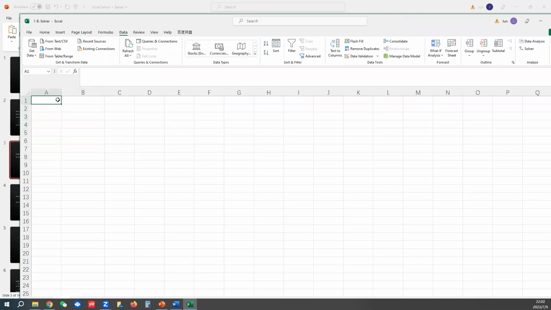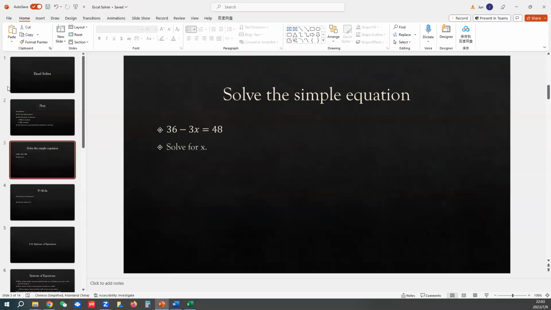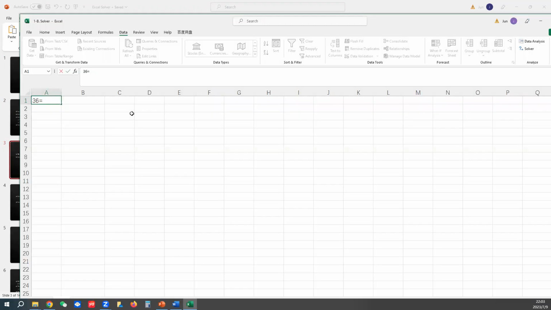First, we write down what equation we are looking at: 36 minus 3x equals 48, solving for x. This is a pretty simple one that you can easily solve by hand, but I'm using this small example. Maybe you can already eyeball the result.